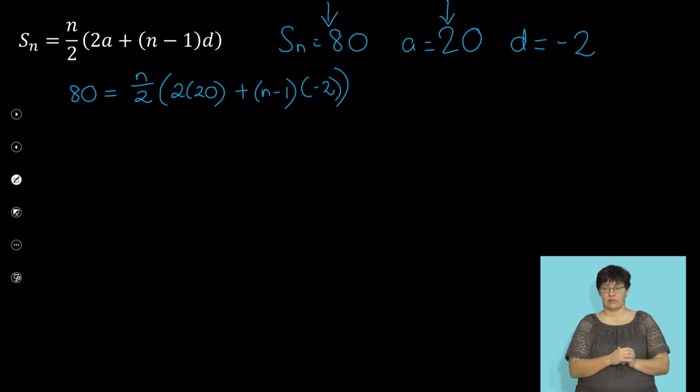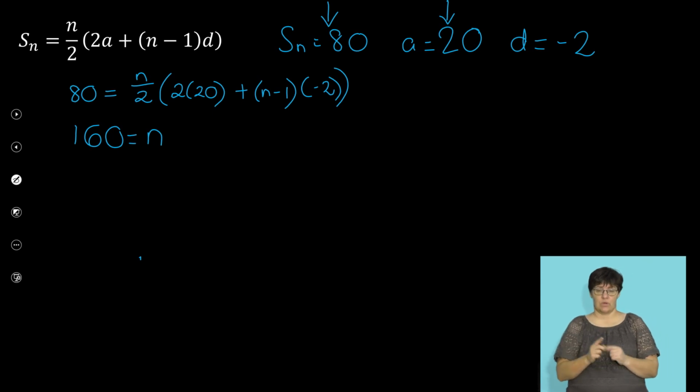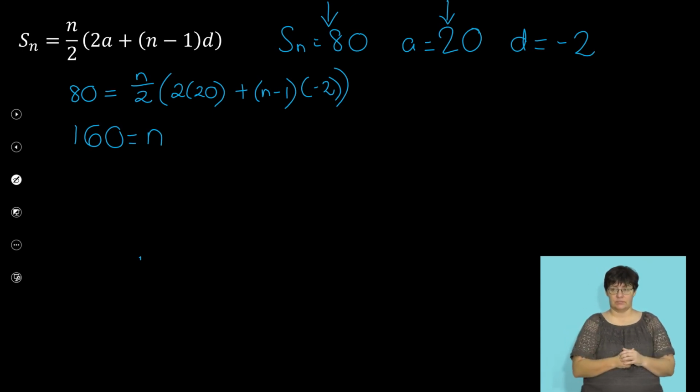Just to get rid of this headache fraction, I'm going to multiply both sides of the equation by 2. So I'm going to have 160 is equal to n. All I've done is multiply both sides of the equation by 2.